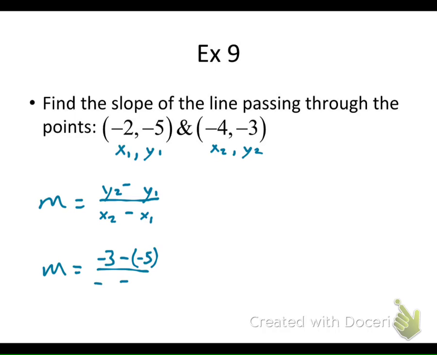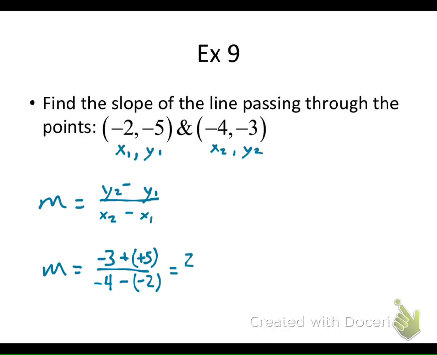Perfect. Yep. And what else? Awesome. Yep. So again, there's a minus sign next to a negative sign, which makes it addition. What's -3 plus 5? You can use your calculator if you need to.